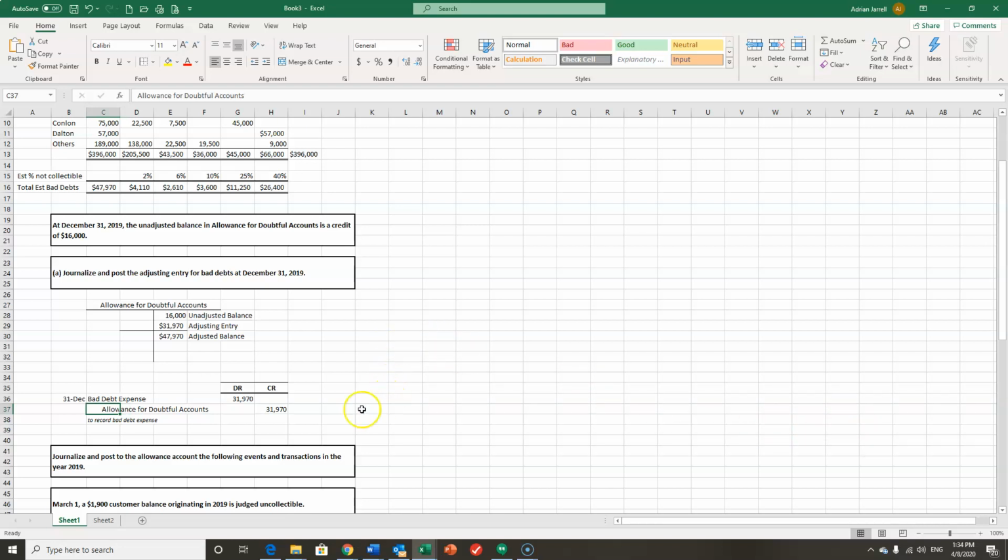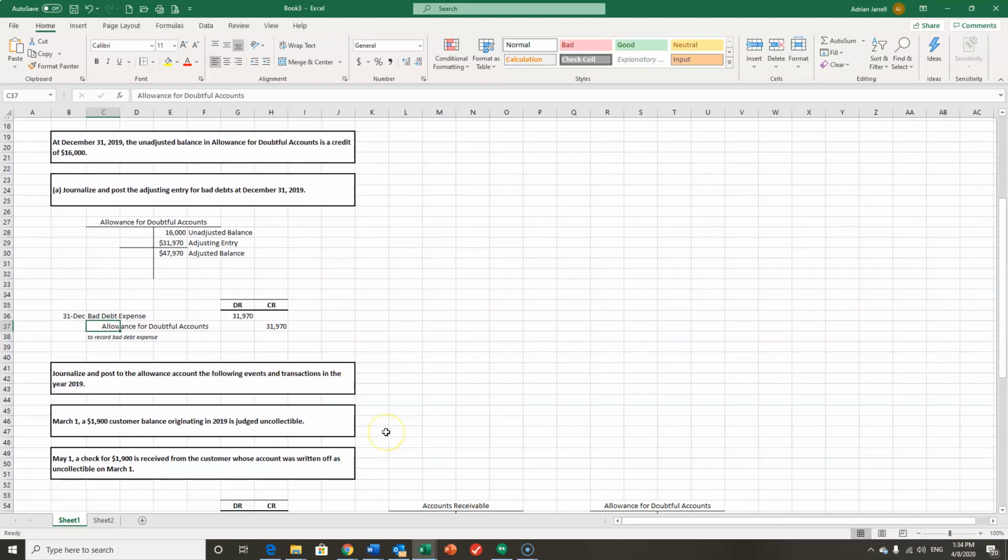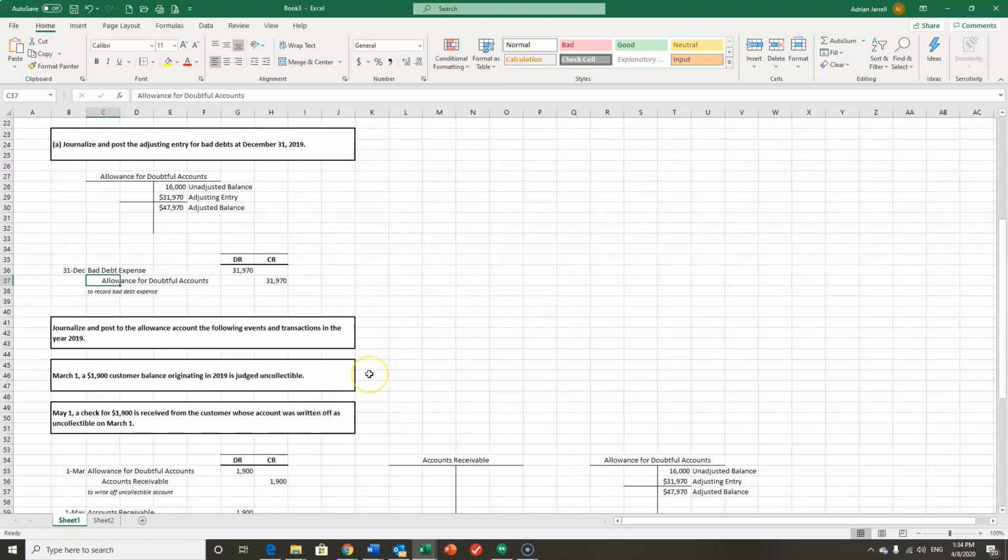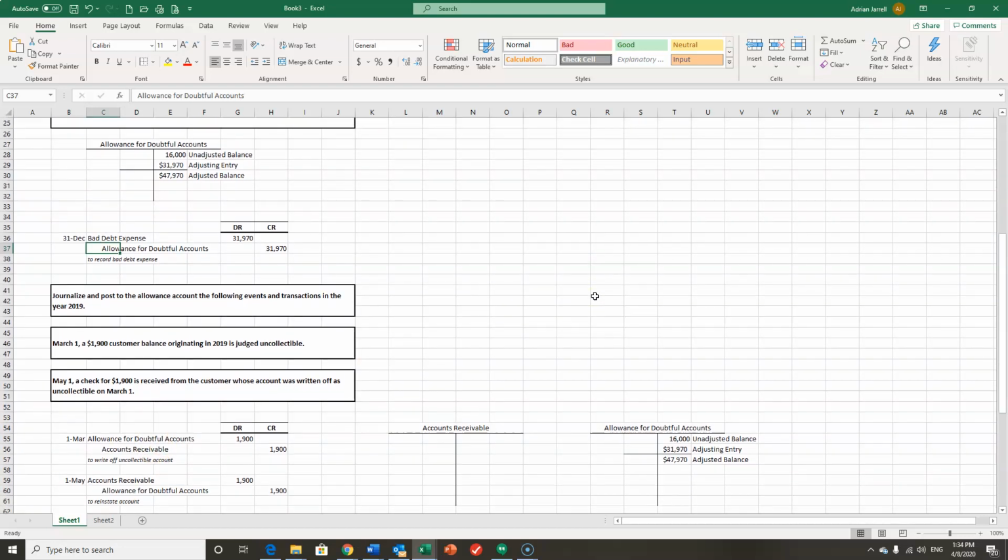Journalize and post to the allowance account the following events. March 1st, a $1,900 customer balance is judged uncollectible. So we're going to debit allowance for doubtful accounts and credit accounts receivable for that.